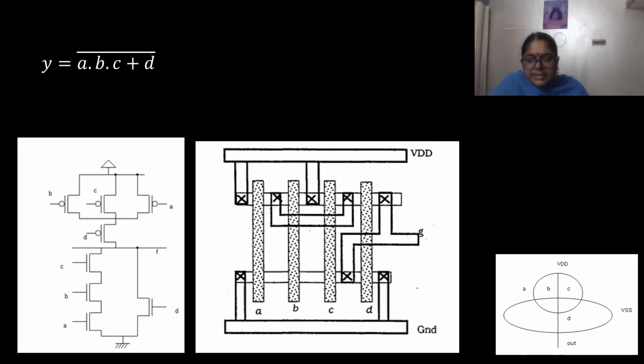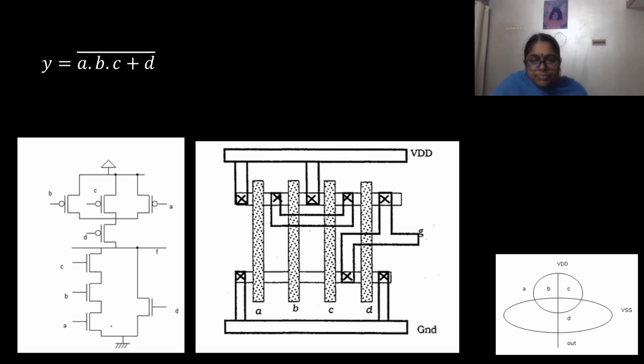Now this particular example is for Y is equal to ABC plus D whole bar. So ABC, so 3 transistors in series, plus D, so transistor D is in parallel to ABC in case of NMOS. Similarly, ABC will be in parallel in case of PMOS, and that will be in series with D in case of PMOS.